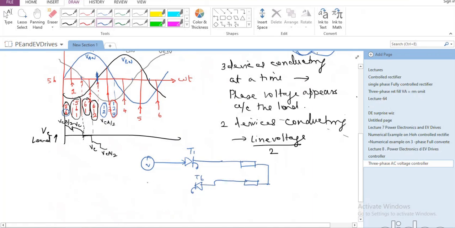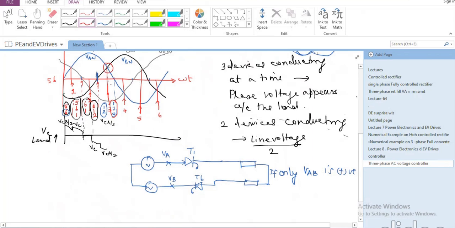The current will be able to return through device number 6 and flow through device number 1 only if VAB is positive. If VAB is not positive, these two devices will not be able to join hands and conduct. And VAB will be positive until this point only, not beyond this point.